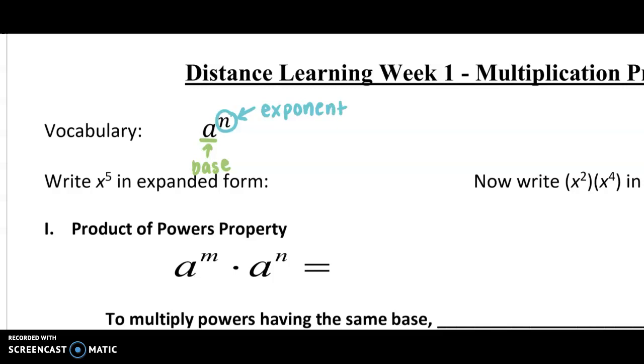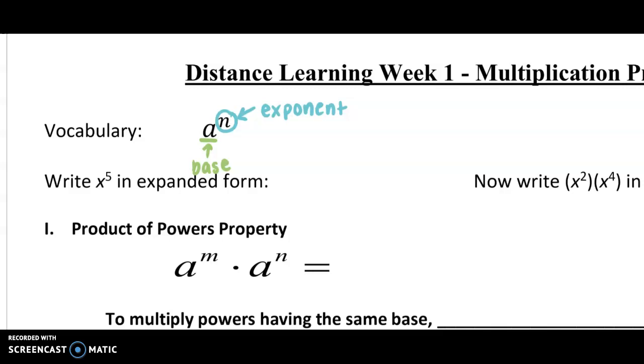Some people also call it a power, but your a is your base, your n is your exponent. The entire thing is a power. A lot of the time people will say a raised to the nth power. So you'll hear exponent, you'll hear power sometimes, it just depends.